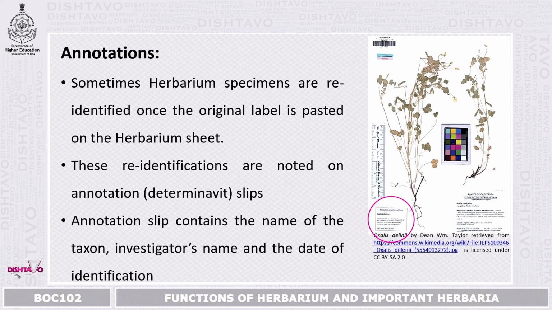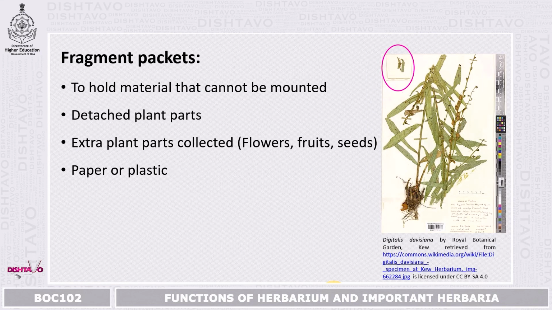These re-identifications are noted on a piece of paper, which we call an annotation or determinant slip. The annotation slip contains the name of the taxon, the investigator's name, and the date of identification of the specimen by the investigator who correctly identifies the specimen.